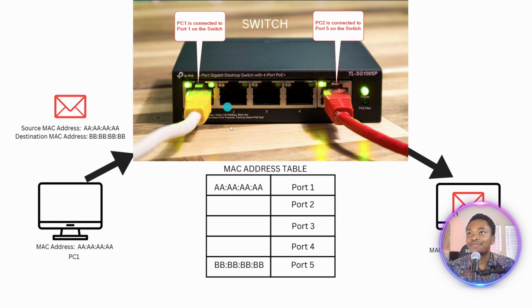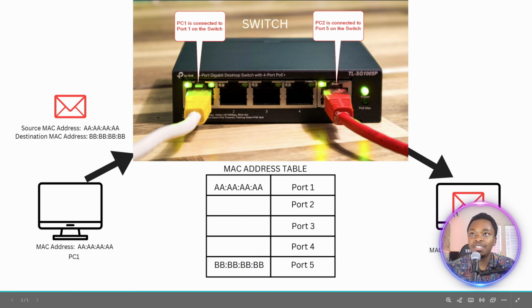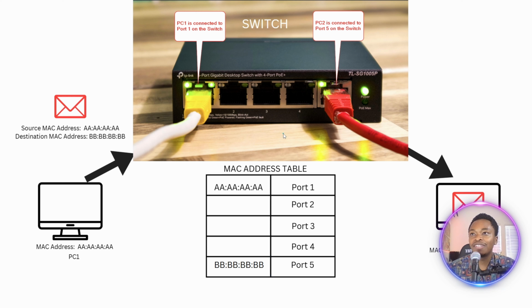Hizi port zingine ziko blank, so hakuna PC iko connected to those ports. But PC2 iko connected to port 5. So PC2 ni B. Switch inaangalia MAC address table yake inasema port 5 MAC address yake ni B.